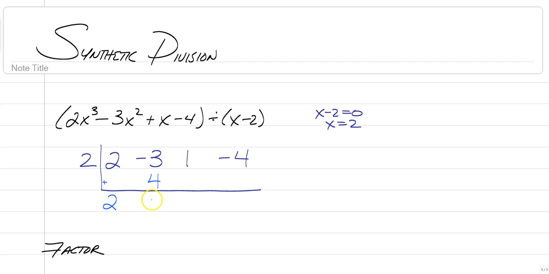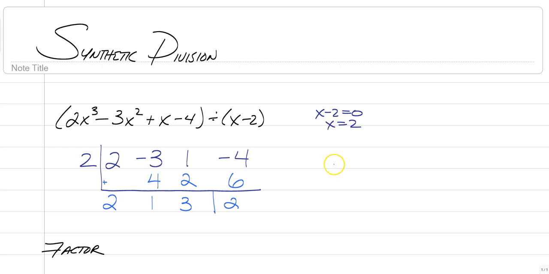Negative 3 plus 4 is 1. And then you do it again. 2 times 1 is 2, so you put it over there. And then you add those guys together. 1 plus 2 is 3. One last time. 2 times 3 is 6, so we put it over here. Add those together, and we have a remainder of 2.